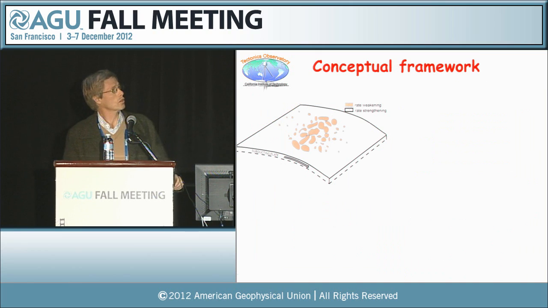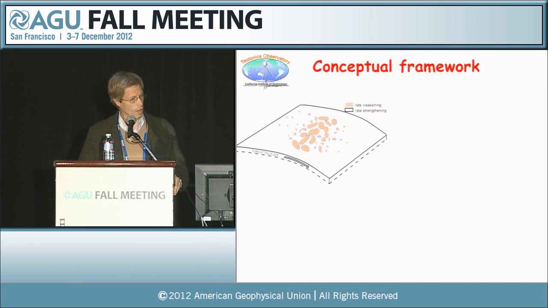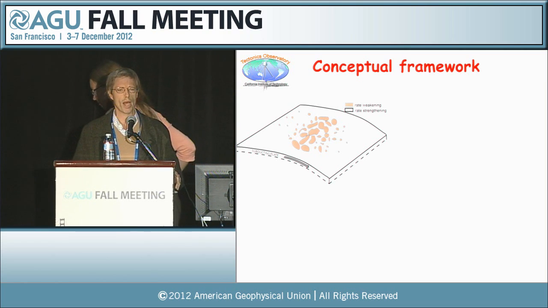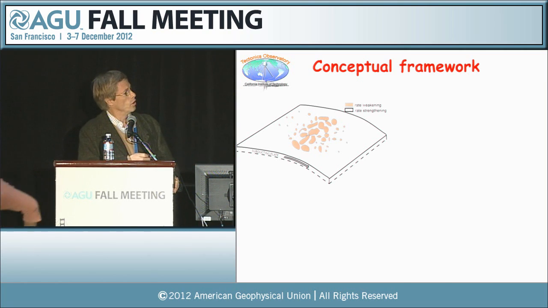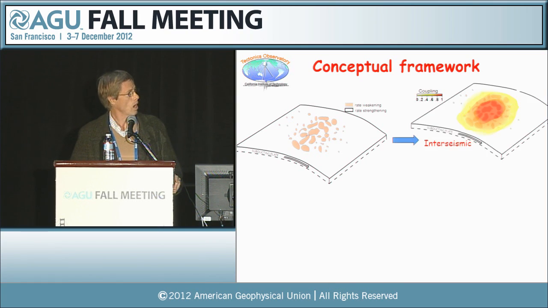So the conceptual model coming out of this observation is that we must have some sort of a patchwork, with areas where the megathrust is rate weakening and is locked in the interseismic period, and places where it's rate strengthening and it can creep.